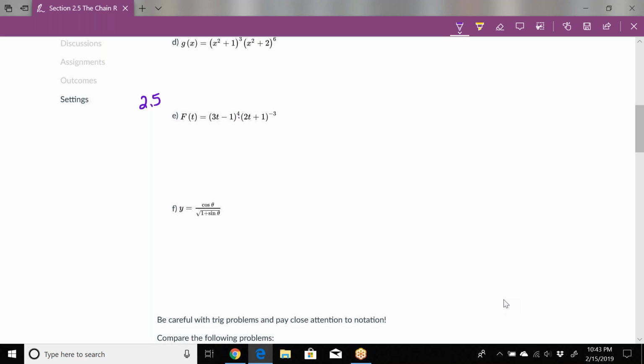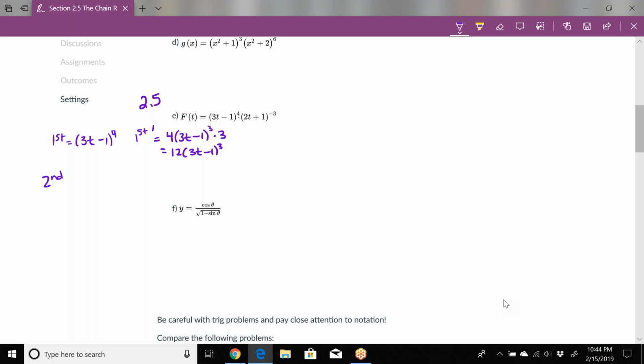So our first function is (3t - 1)^4, and its derivative would be 4(3t - 1)^3 times the chain of the inside, which is a 3. So that makes that 12(3t - 1)^3.